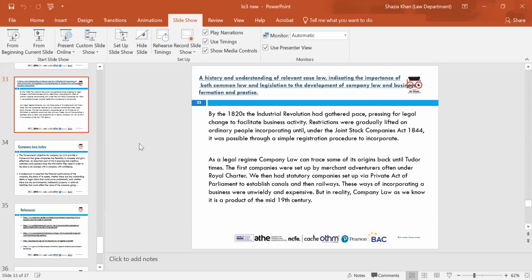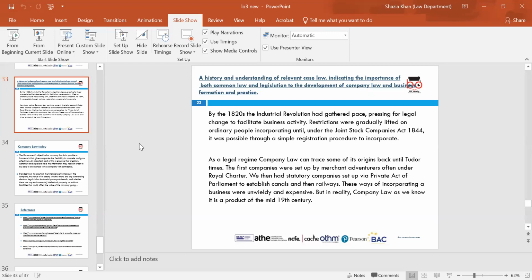The best known example was in 1600, the British East India Company, where Queen Elizabeth granted the exclusive right to trade with all countries to the east of the Cape of Good Hope. That was an example of company law becoming increasingly integrated within the UK.